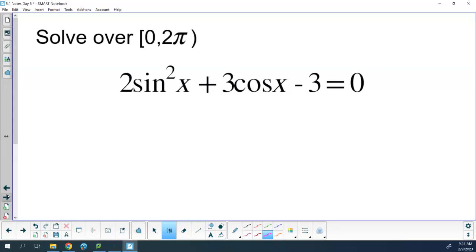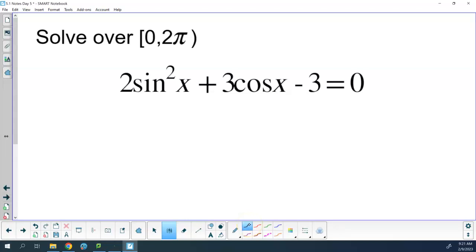Two different trig functions. Yeah, I've got two different trig functions going on with addition and subtraction. It'd be easy if it was just multiplication, right? So can I do anything with those two different trig functions? We could use, is that number 7? I think so.